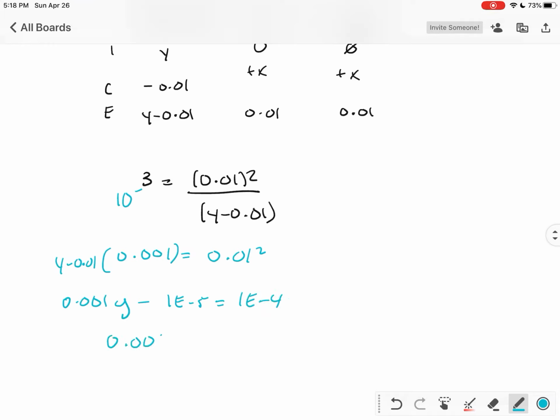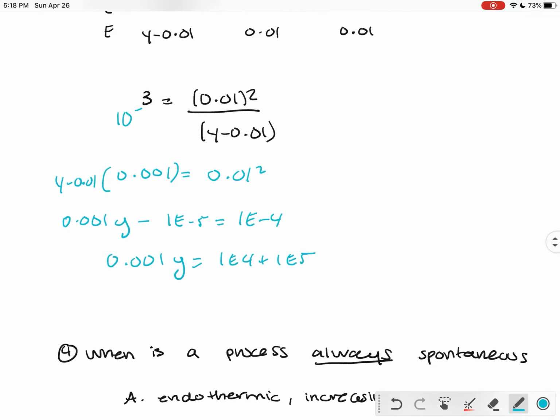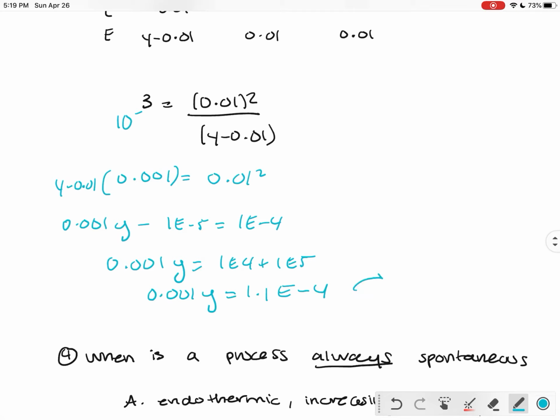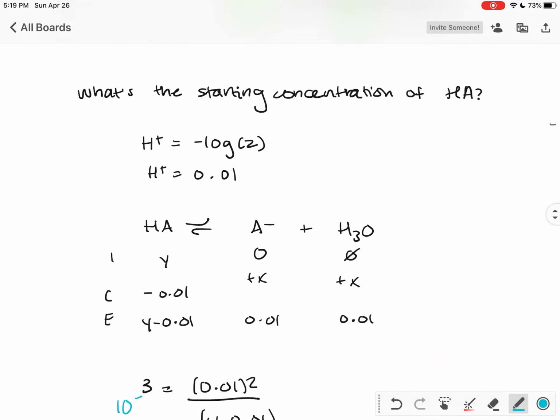So we get 0.001y equals 1e to the negative 4th plus 1e to the negative 5th. So then we get 0.001y equals 1.1e to the negative 4. If we divide that answer by 0.001, we get y equals 0.11 molarity. So that is how we would solve that.